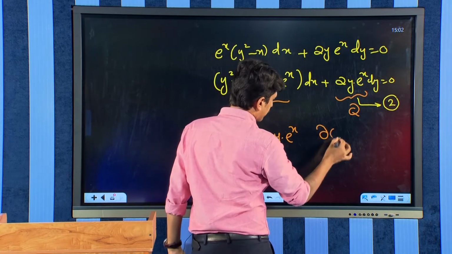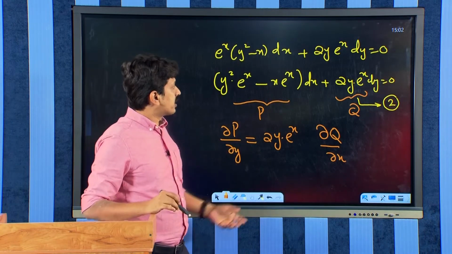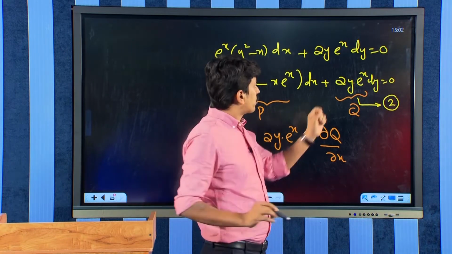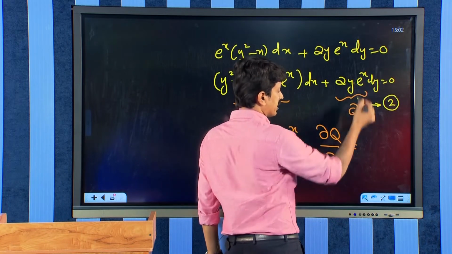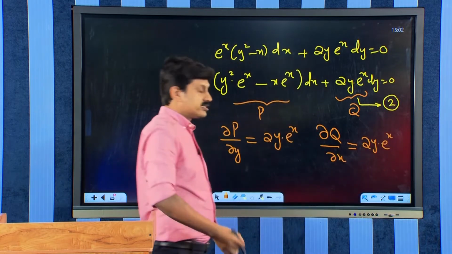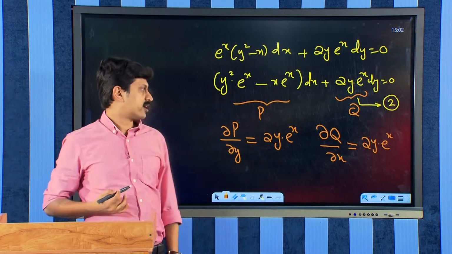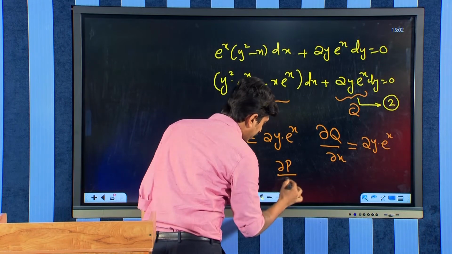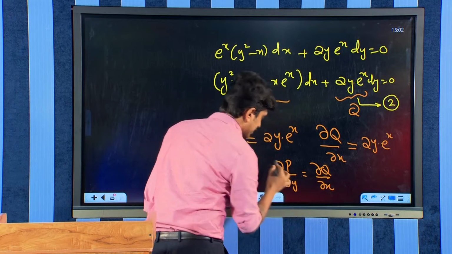Now, we have to find dou Q divided by dou x. See, my dear students, Q is 2y e raised to x. While evaluating dou Q divided by dou x, the value is equal to 2y times the derivative of e raised to x, which is e raised to x. Here dou P divided by dou y is equal to dou Q divided by dou x.